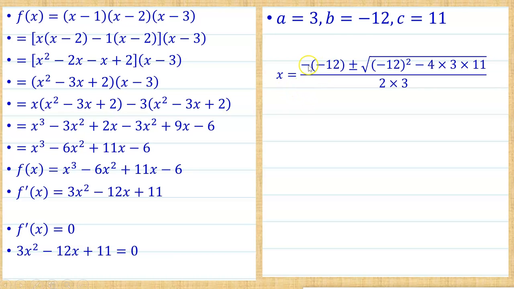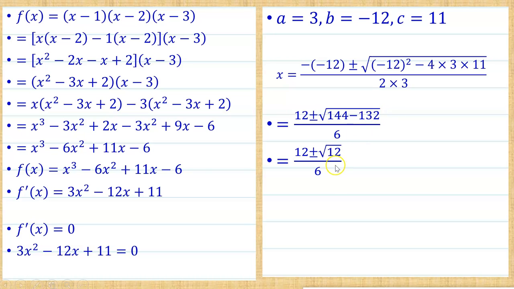The formula is minus B plus or minus root of B square minus 4AC upon 2A, and therefore minus in bracket minus 12, plus or minus root of B square minus 4AC upon 2A; minus minus will become plus, minus 12 square is 144, and the multiplication is 132, upon 6. Overall you will get 12 plus or minus root of 144 minus 132, which is root of 12. Now we simplify: 4 into 3, the square root of 4 is 2, so 2 root 3.